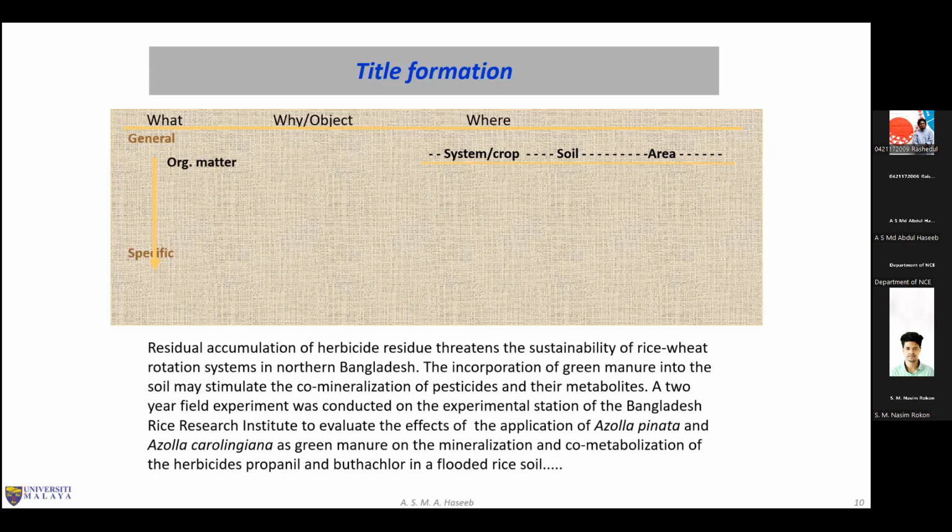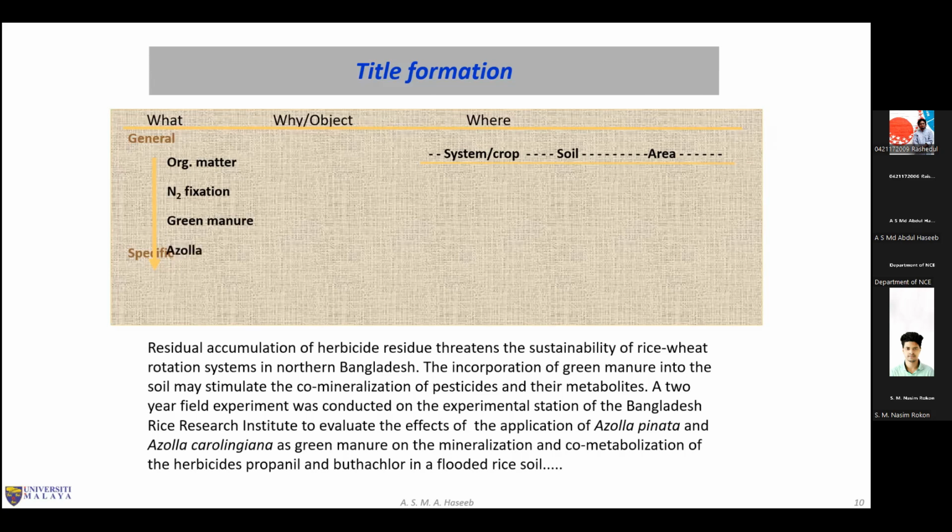Because this work involves organic matter, which is used in soil for co-mineralization, organic matter. The reason we use organic matter is for nitrogen fixation, and the purpose is that it will act as manure, as fertilizer, as green manure.